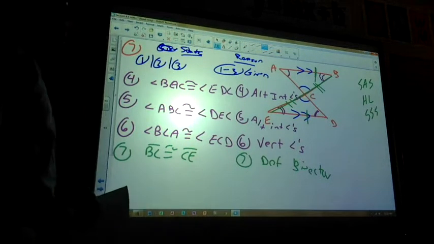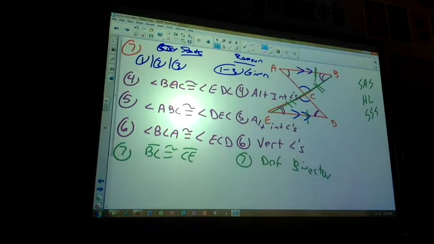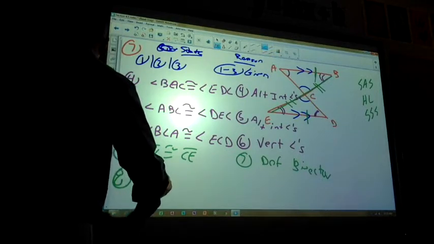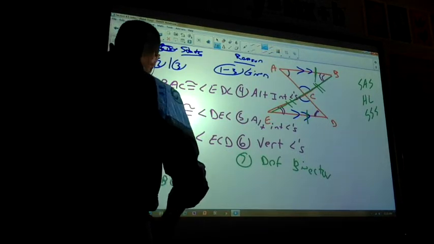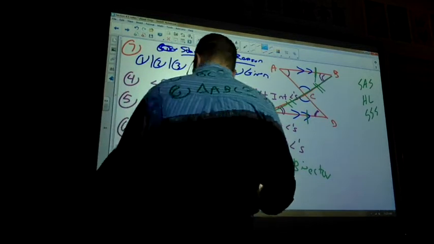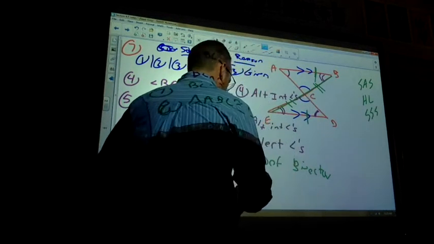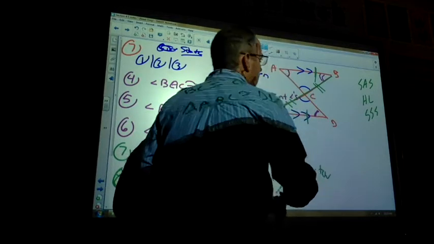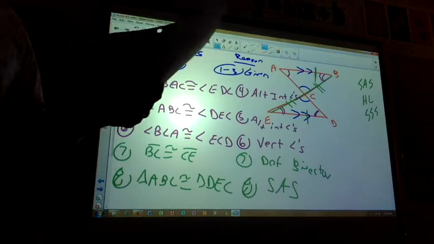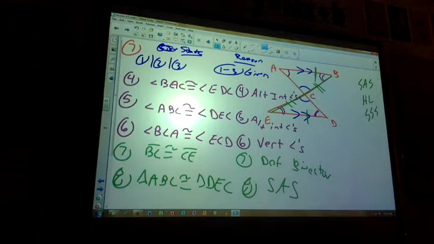So do I have side angle side in this particular case? I do. So then I can state triangle ABC is congruent to triangle DEC. And the reason we can say that is we have proven side angle side. Now today we're actually going to learn angle side angle, so that could have been proven with angle side angle, but we're not there.